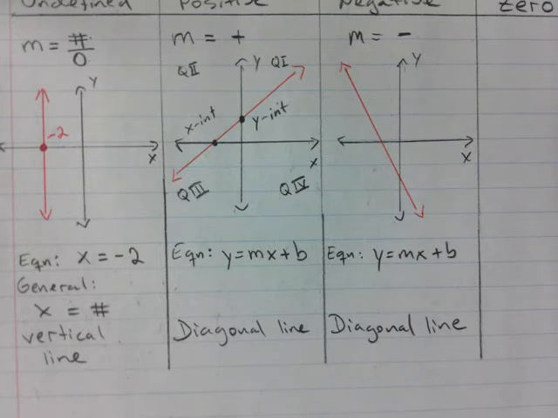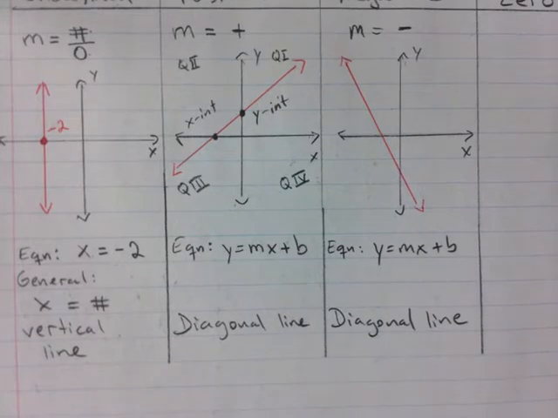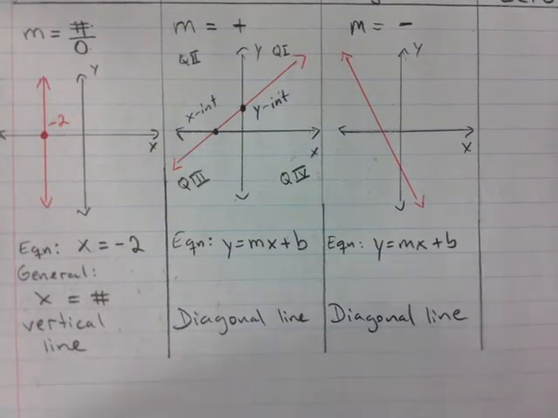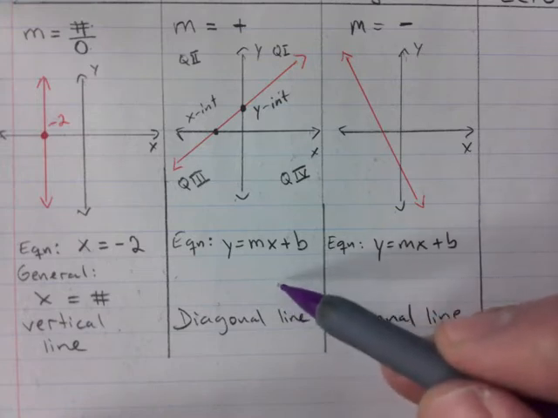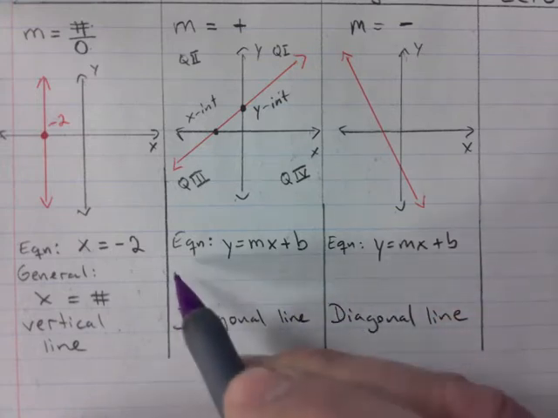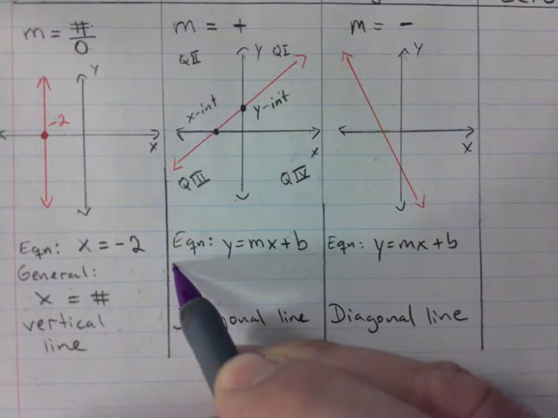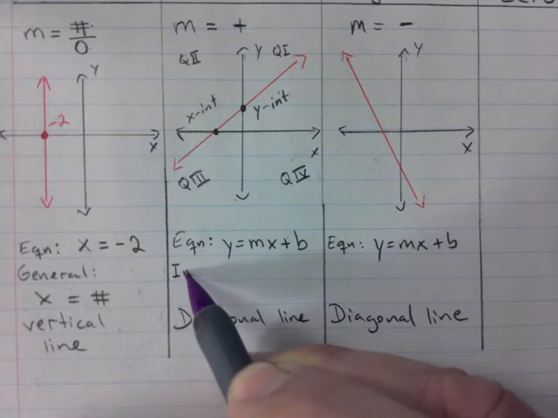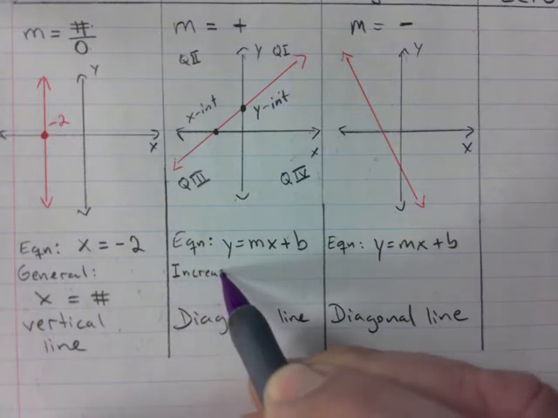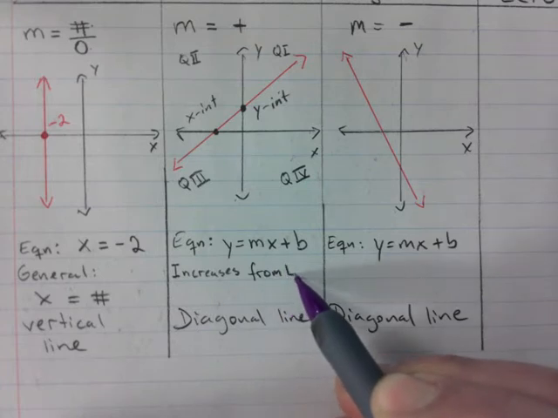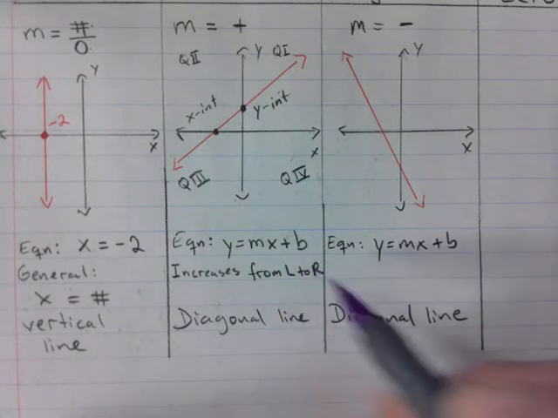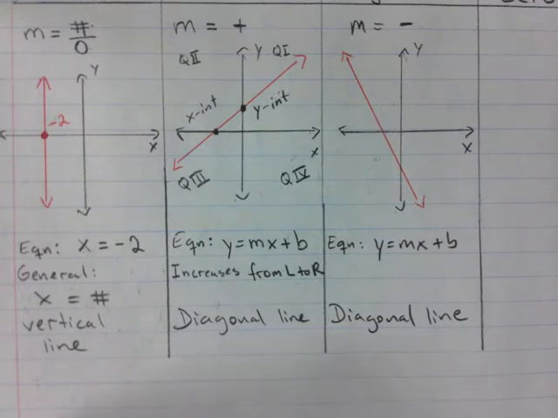And one more thing. I don't know if you left as much space as I did here in between. If you don't, just put it under. But you would say that it increases from left to right. Sorry about that. I just put that down there.